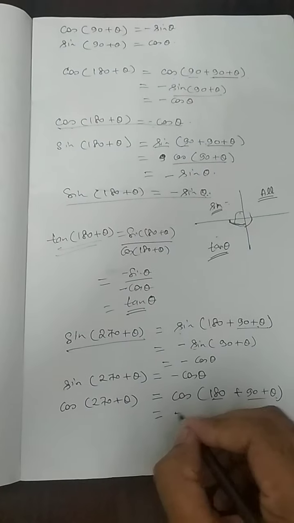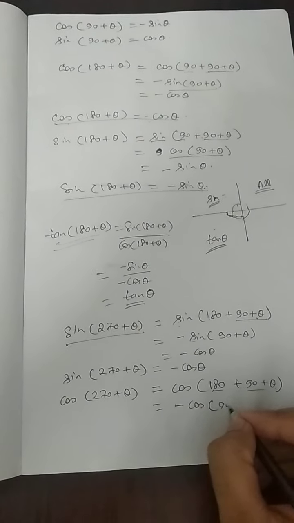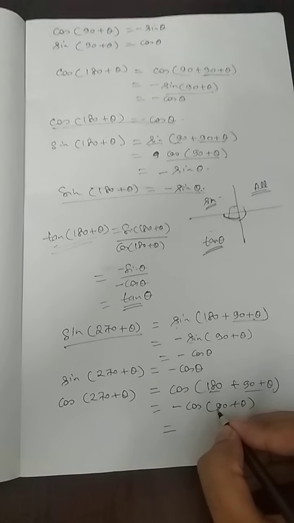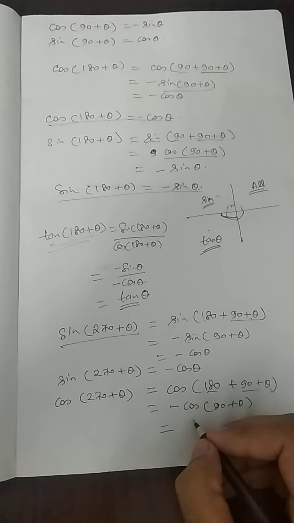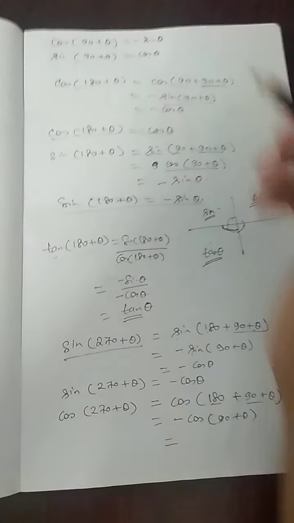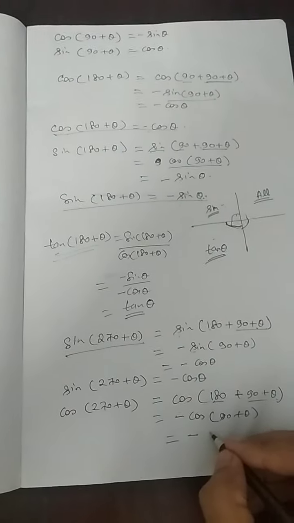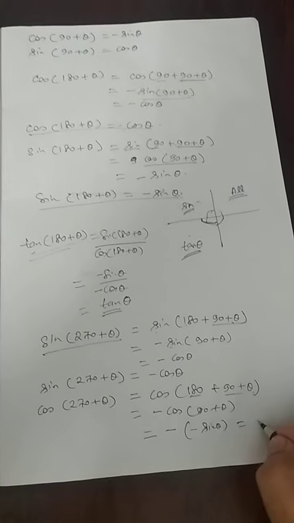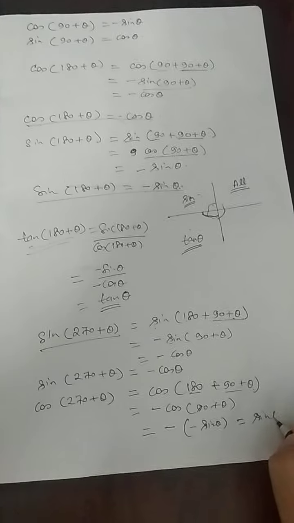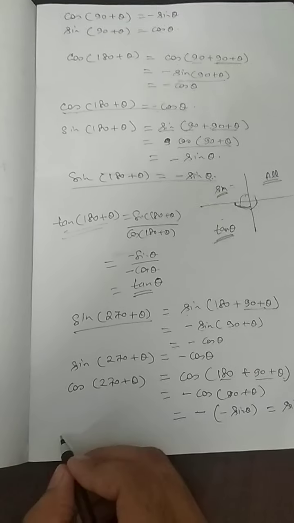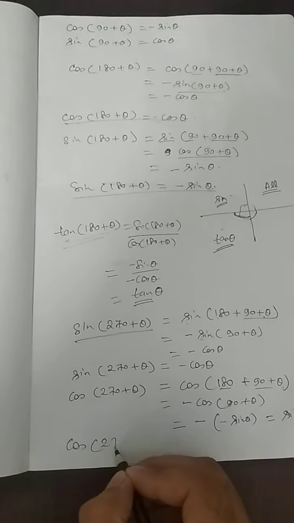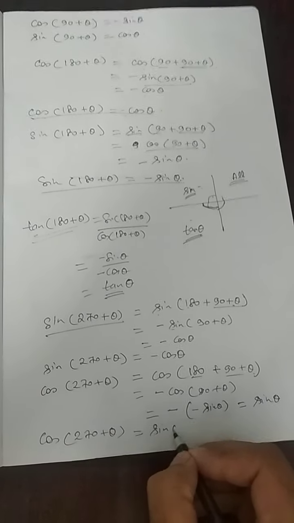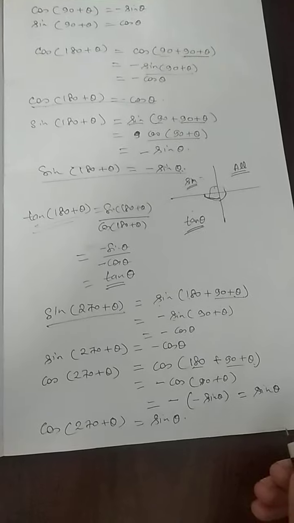So we can write minus cos of 90 plus theta, and this cos of 90 plus theta can be written as minus sine theta. So minus, and here minus sine theta, and it produces a positive result, sine theta. Therefore, cos of 270 plus theta is a positive result, that is sine theta.